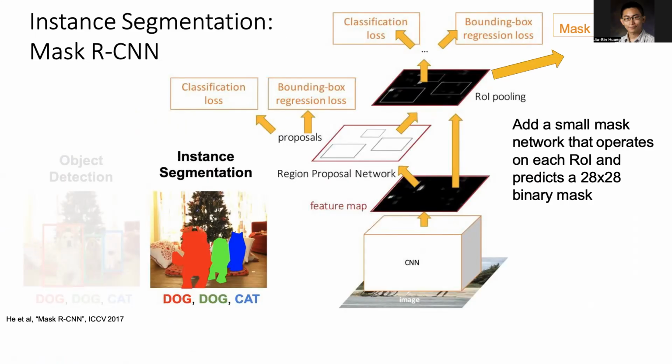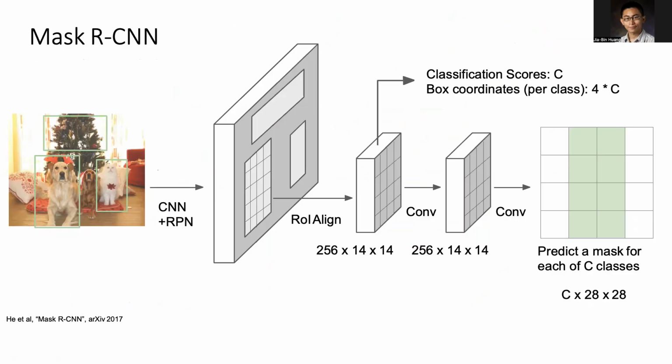Okay, so once we have this, what will happen? Now you have the detections, and at the same time you have segmentations. Then it becomes intuitive to combine them, and the way to do this is called Mask R-CNN. Okay, so the key idea is very simple. You have the CNN features, based on Faster R-CNN, then you align these features.